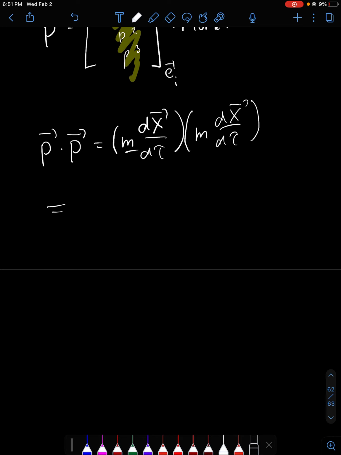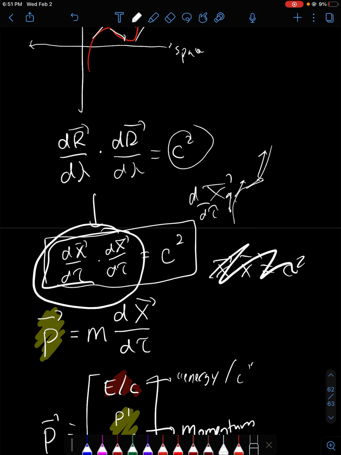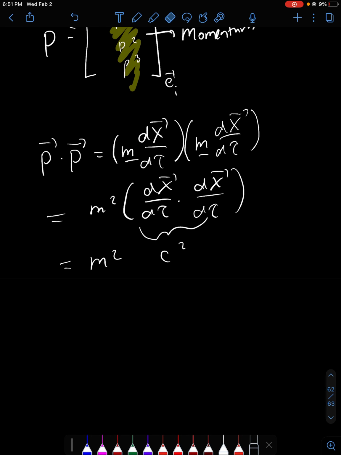So here we have m squared times dx over d tau dot with dx over d tau. So that's just m squared. This is going to be c squared with our rule over here. So this is going to be m squared times c squared.